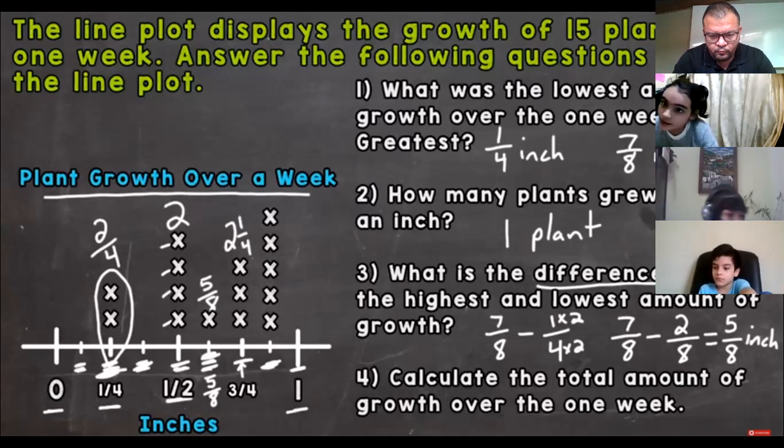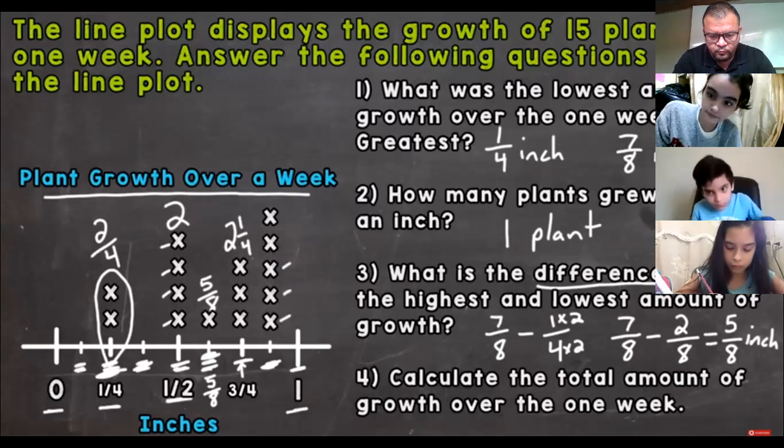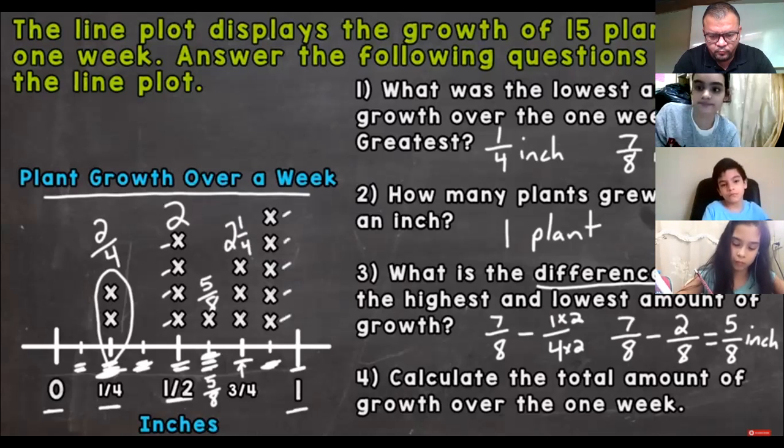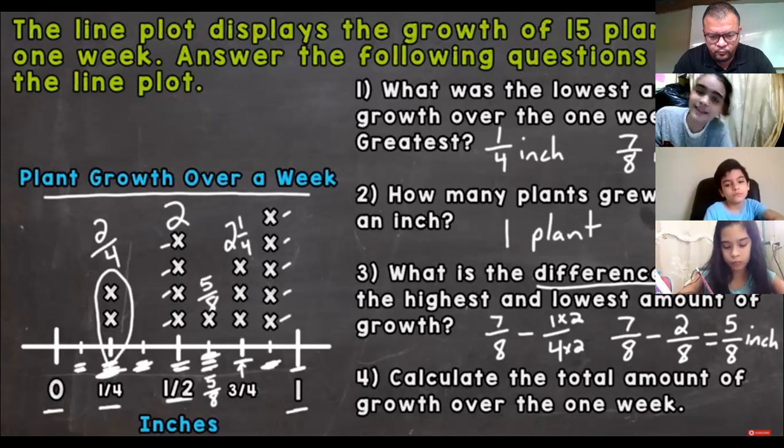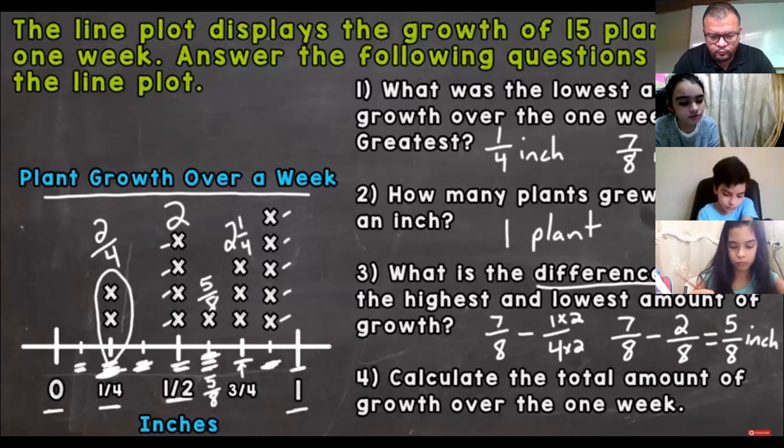And then lastly, we have 7/8, right? And we have 1, 2, 3, 4, 5 groups of 7/8, 5 plants that grew 7/8 of an inch. So we need to do 7/8 plus 7/8 plus 7/8 plus 7/8 plus 7/8. I think I got 5 there.